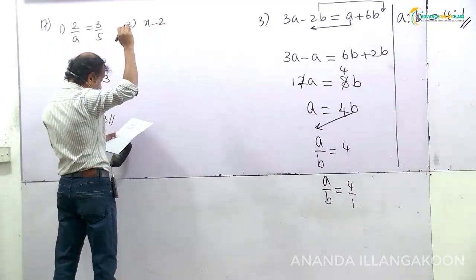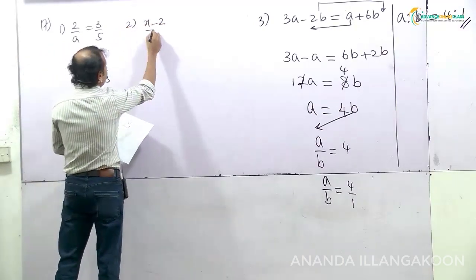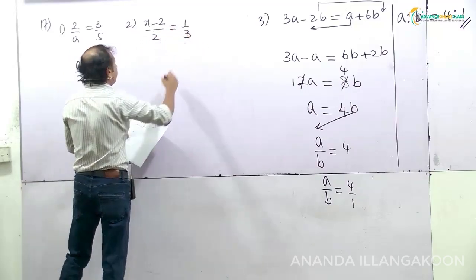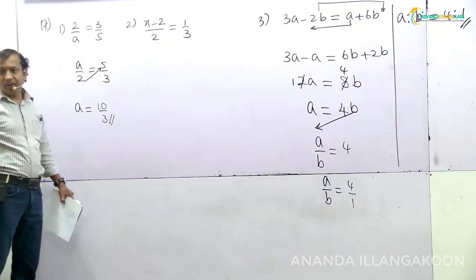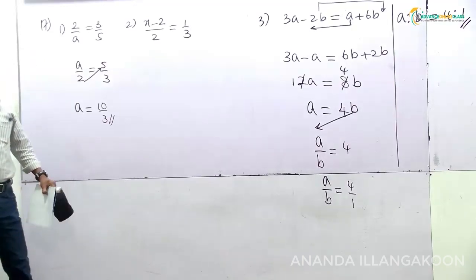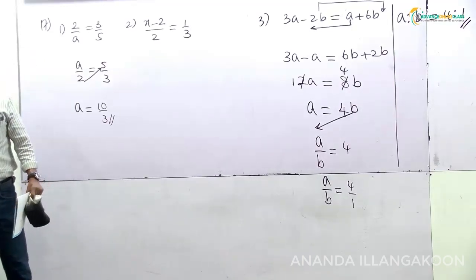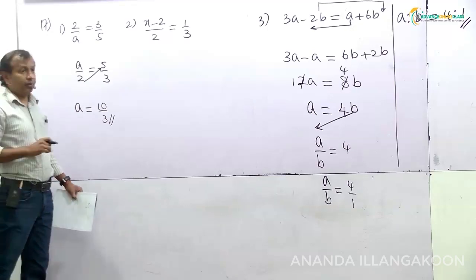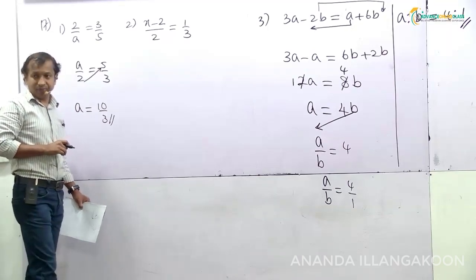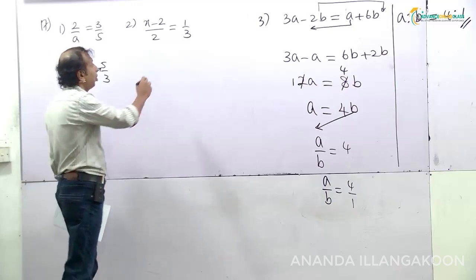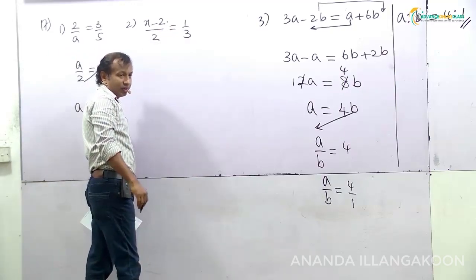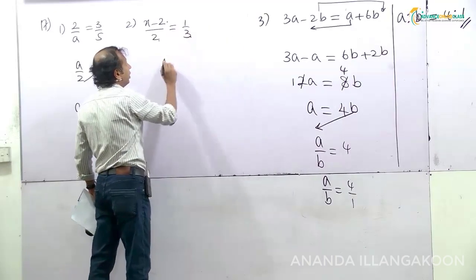The second one: X minus 2 divided by 2 equals 1/3. You are asked to use the properties of proportions to get the answer. How do we apply them? This 2 we can add to the numerator, and on the right hand side the 3 we add to the numerator.